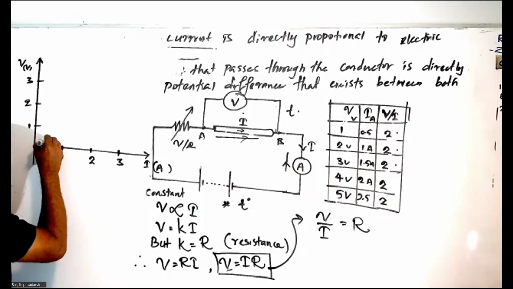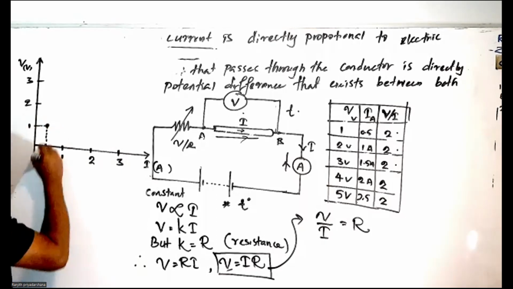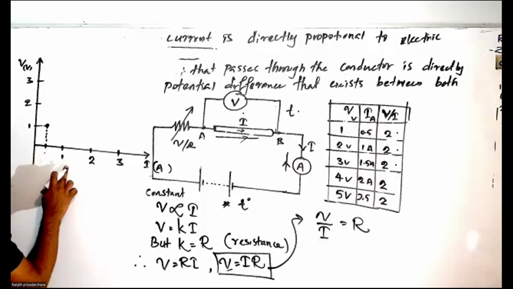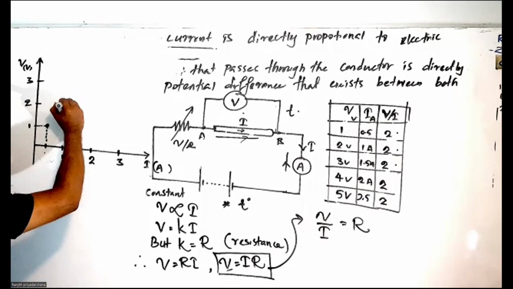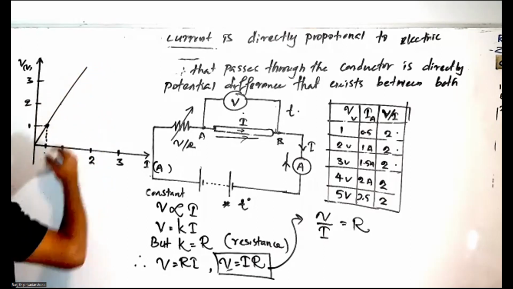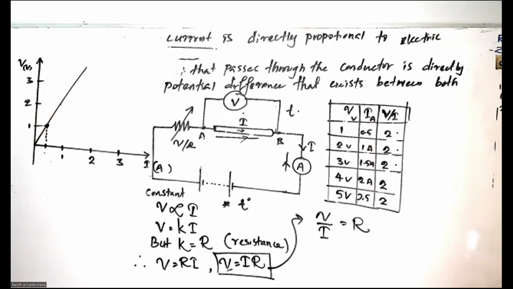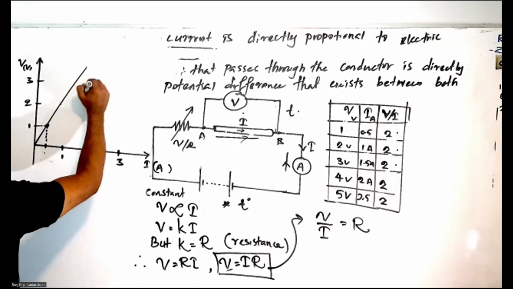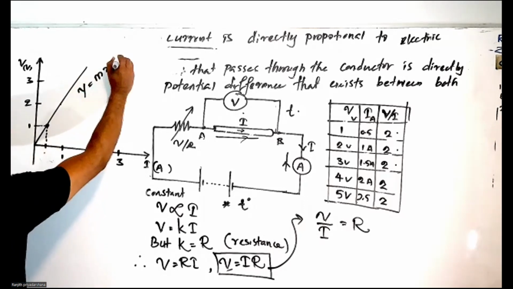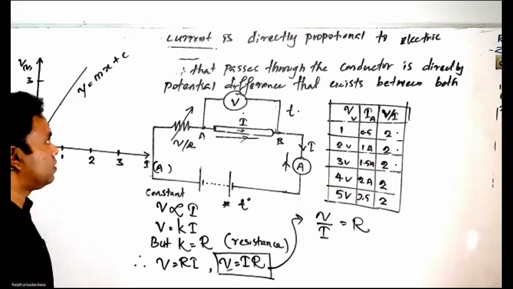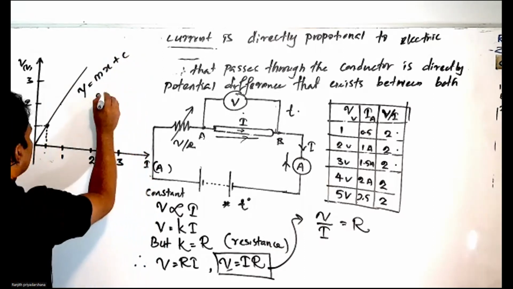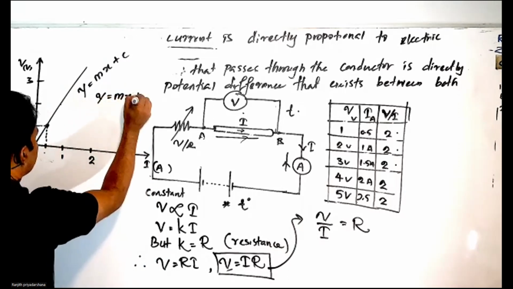When the electric potential difference is 1, electric current is 0.5. Right? And when the electric current is 1, the associated voltage is 2. So you can see this linear graph. Linear graph figure, that's y equals mx plus c. But here it starts from the origin, therefore c equals 0.